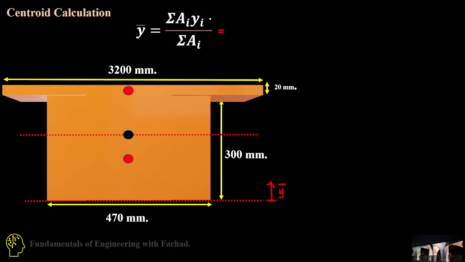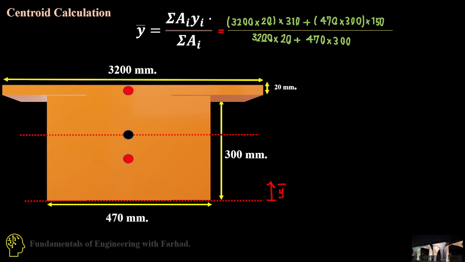So if we consider our base from here, this is our y bar calculation. We have two parts. The top part is 3200 millimeters times 20 times half of this part: this is 300 up to here plus 10, which is halfway to the centroid of this top part.